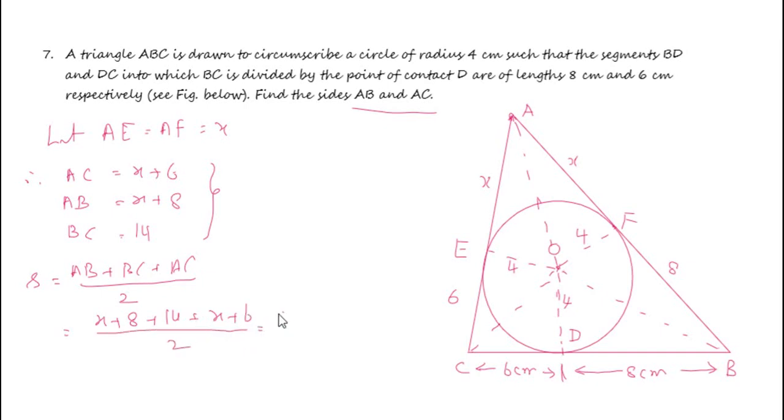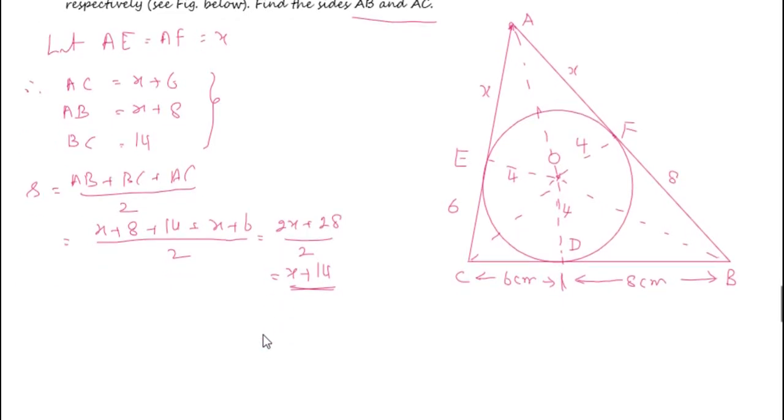This is 2x plus 28 divided by 2. So it is x plus 14, that is S. Therefore area of triangle ABC is equal to square root of S into S minus A into S minus B into S minus C.